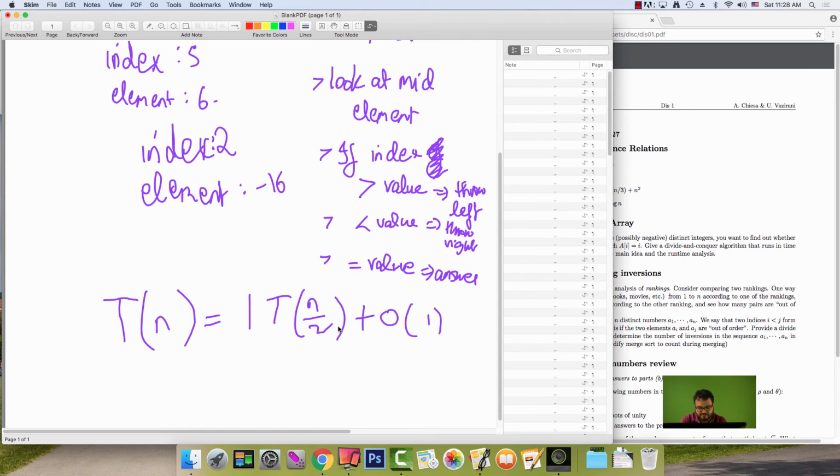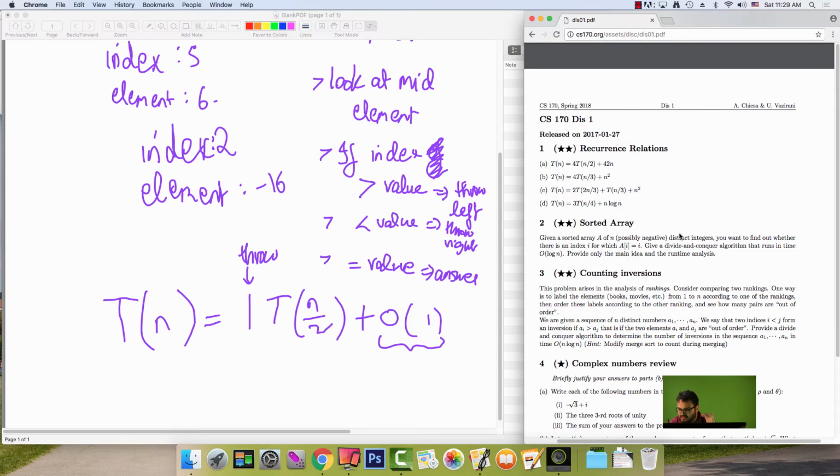At each step, we split it into a single problem of size n over 2, because we just throw out half of the problem, and we do a constant amount of work. All we do is check the index and value and compare them. That's it. That's constant. So this is how you would do a sorted array problem, and O(log n) is a pretty good hint towards a recurrence relation that looks like this. Not always, but it's a pretty good hint.